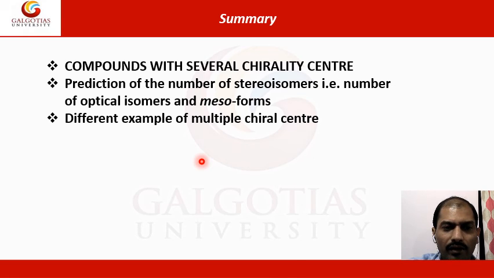Given a specific molecule, you may be asked to calculate the number of optically active forms or optical isomers, how many meso forms there are, and how many total stereoisomers. You have to follow the same approach and calculate it.